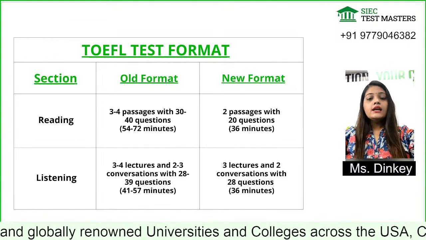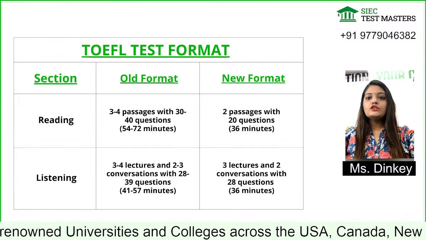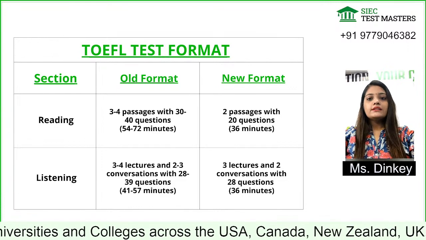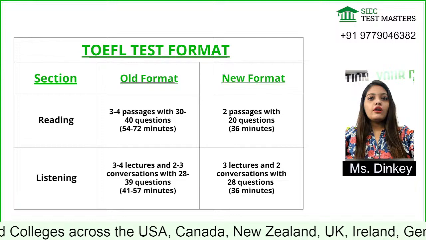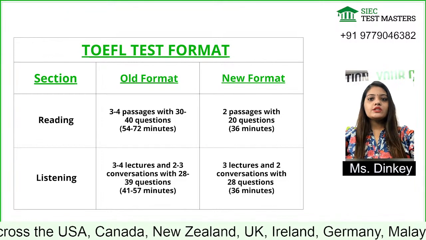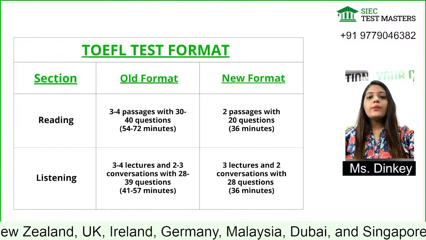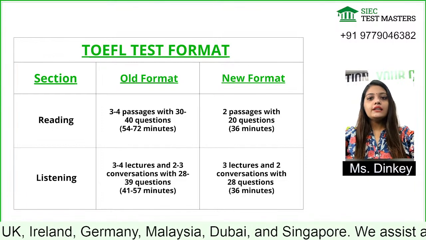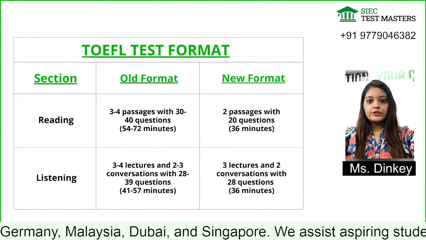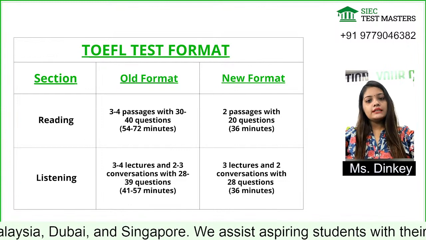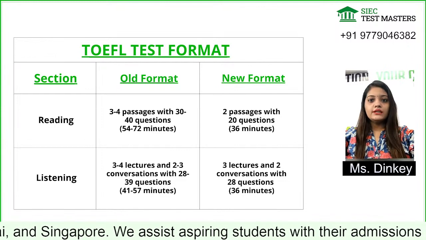Coming to the listening, currently there are 3 to 4 lectures followed by 6 questions each, and 2 to 3 conversations followed by 5 questions per conversation. It means there are a total of 28 to 39 questions in the listening module, and for this the student gets nearly 41 to 57 minutes.